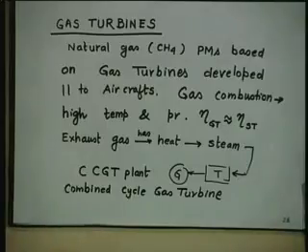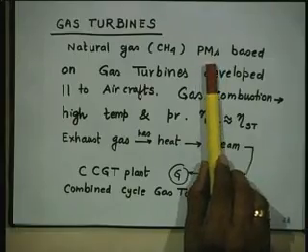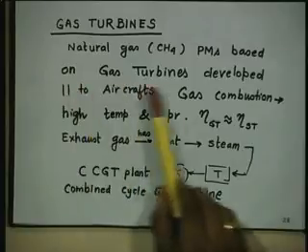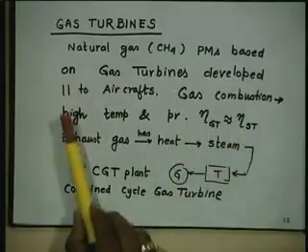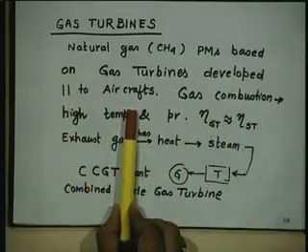Gas turbines. Natural gas, methane, CH4 formula must be familiar to you, since all of you must have studied chemistry. You cannot come to engineering without studying physics, chemistry, maths. The prime movers, PMs means not Prime Minister, prime movers based on gas turbines developed parallel to aircrafts.